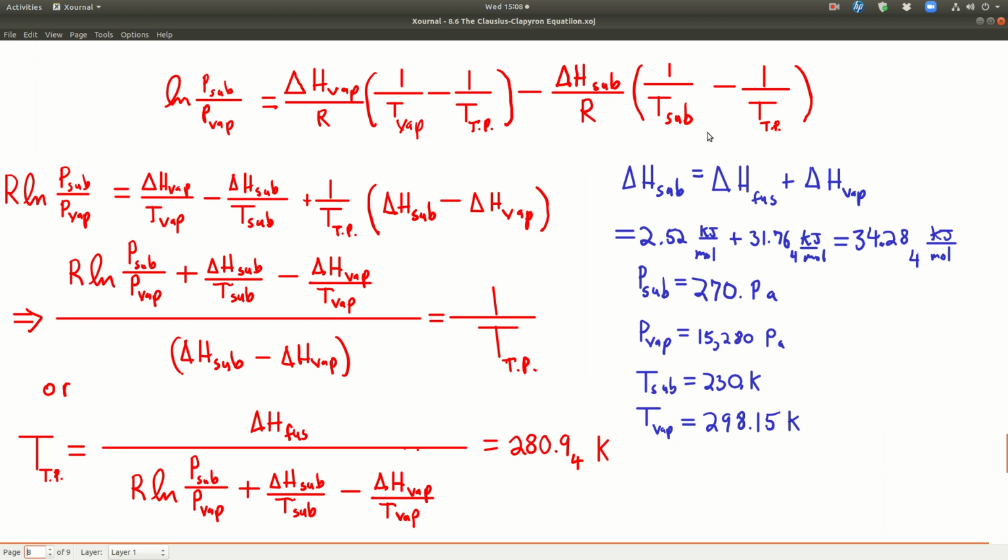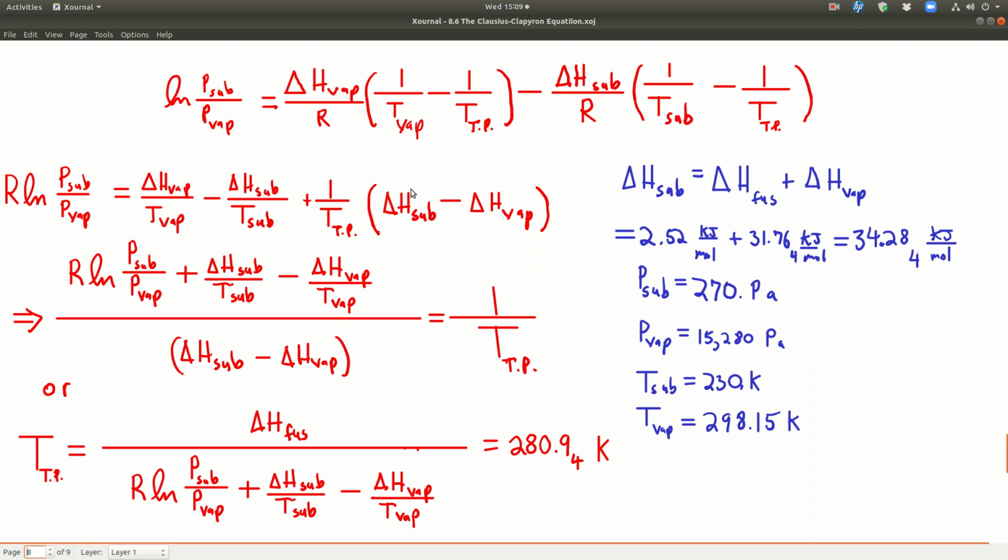And that's this equation up top. Now it's pretty much just algebra. I multiply through by R, bring it over here. I distribute the delta H's inside the parentheses, collect like terms. So delta H of vaporization over the vaporization temperature, that's from here and here, minus delta H of sublimation over the temperature of sublimation right here. Remember, we already pulled the R over.